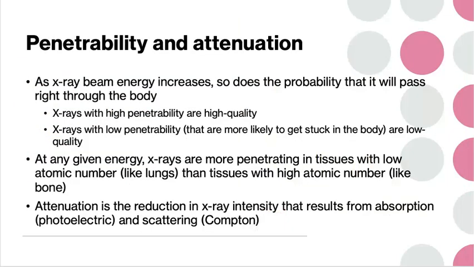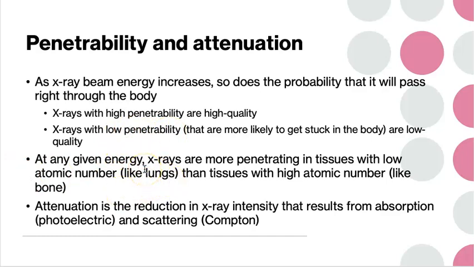And the last thing I'll introduce here is the concept of attenuation. So as X-ray beam energy increases, so does the likelihood that it'll just pass right through the body. So a super strong X-ray is more likely to just pass straight through and get to the IR than it is to remain in the body or create a whole lot of contrast. X-rays with high penetrability are referred to as high quality, and those with lower energies or penetrability are low quality.